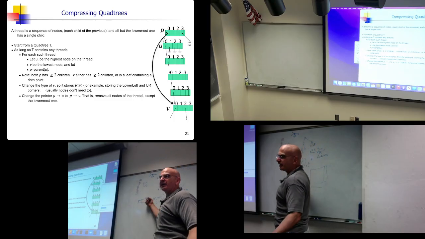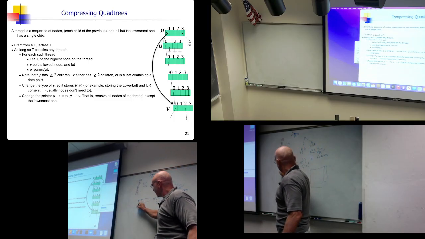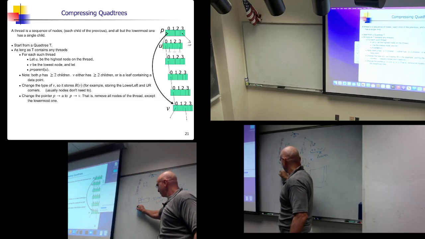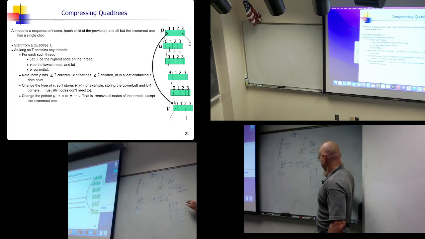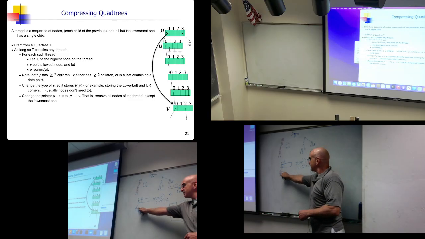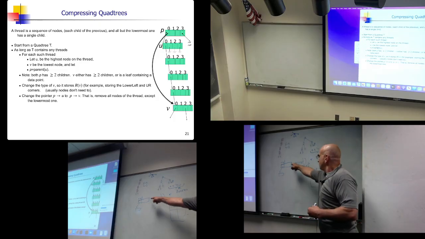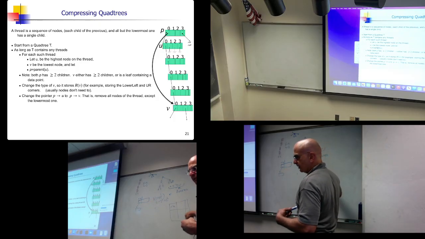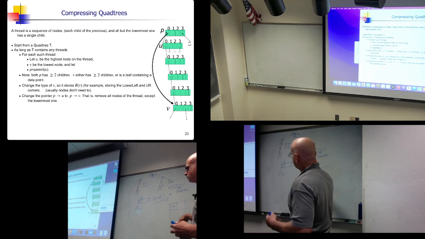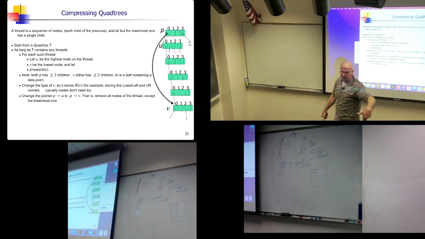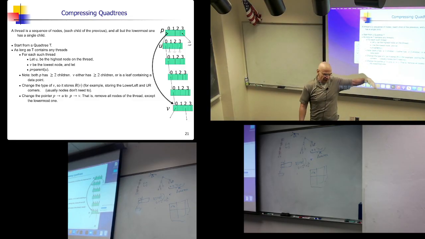And now I had my agreement with myself that if I go to the first child of the root, it will correspond to the northwest child, so I know what my region is, whether I'm visiting the first child, or the second, or the third, or the fourth, based on my agreement with myself on which order they appear. So when I'm doing point location or visiting the tree, I always start at the root, so I know my path downward.